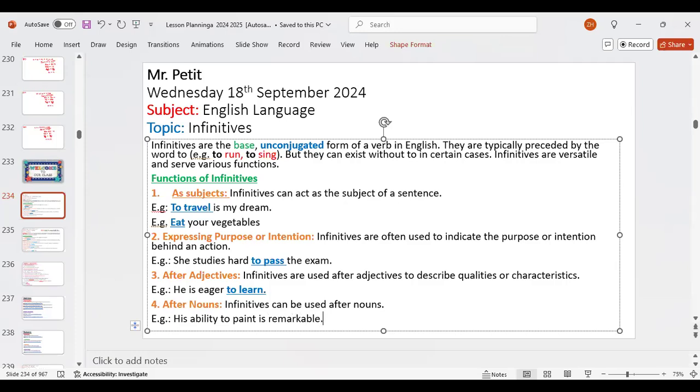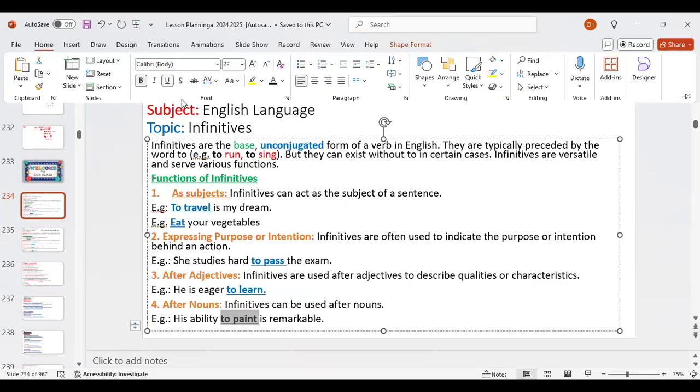What's the noun in the sentence? His. Right. So his ability to paint is remarkable. So we use it after a noun, to paint. All right. To paint is remarkable.